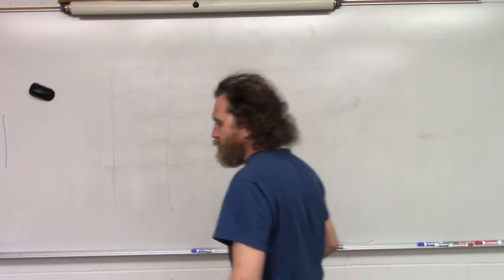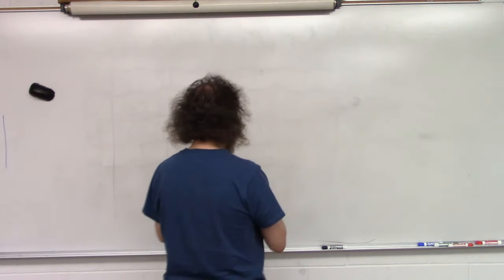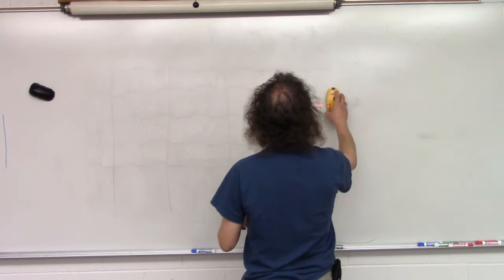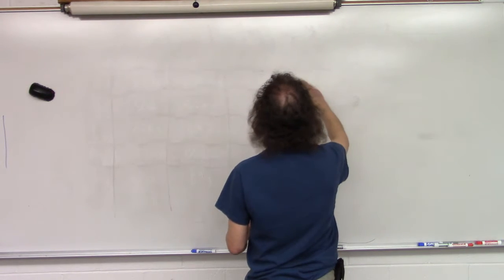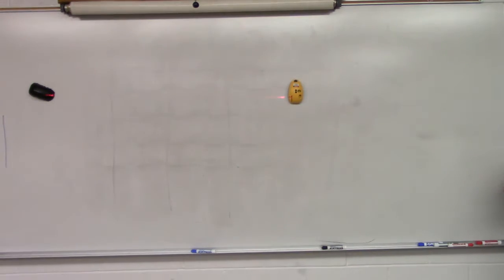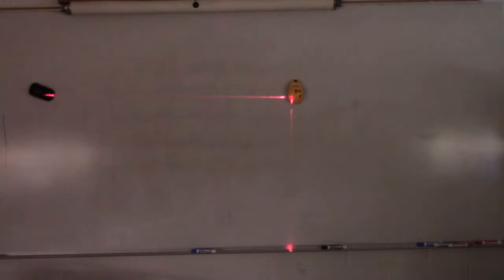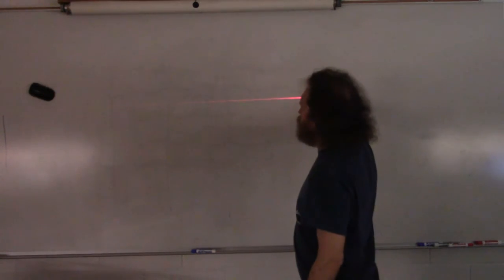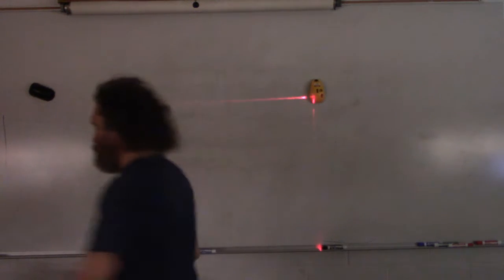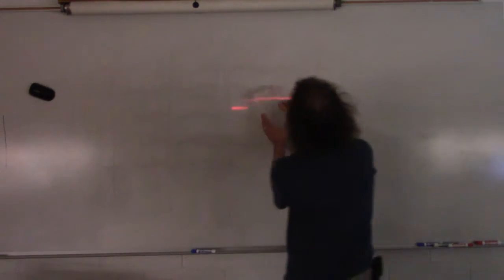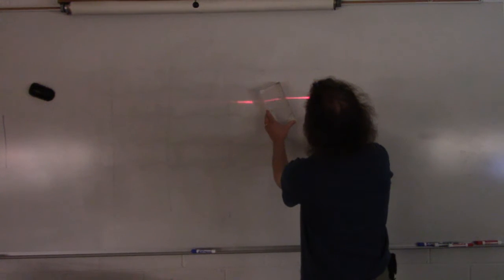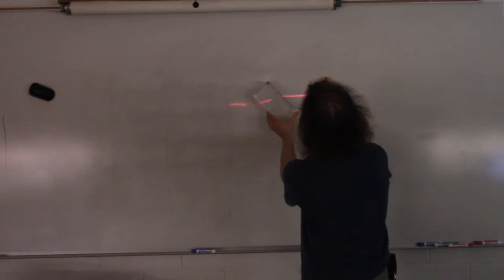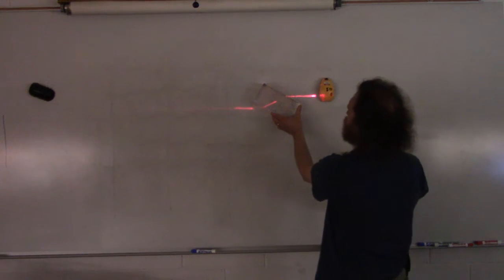Last time we talked about refraction, so let me just remind you. So here's a laser beam, and you can see how the laser beam has its path changed by refraction, right?